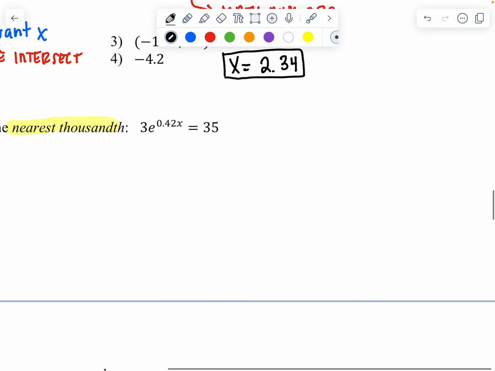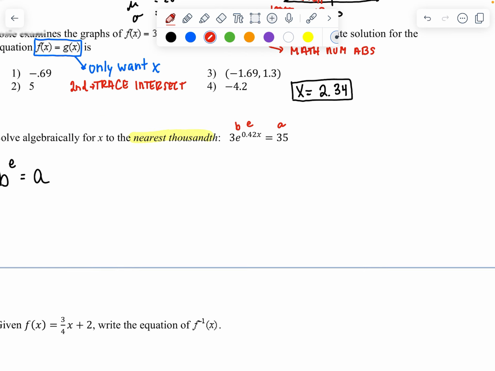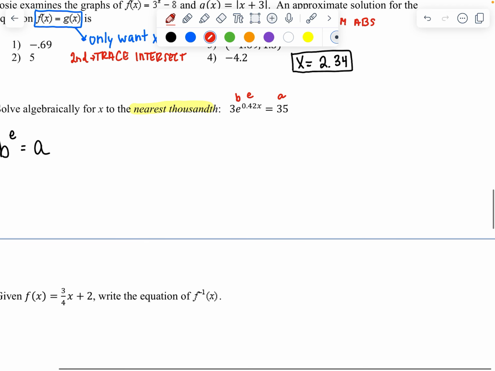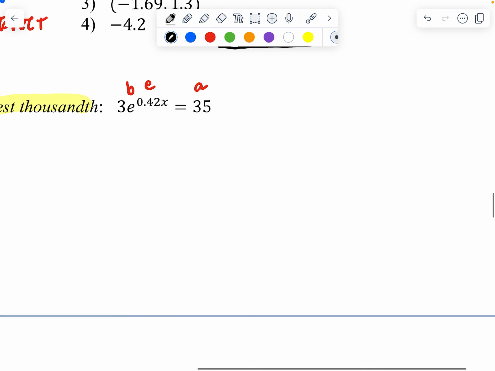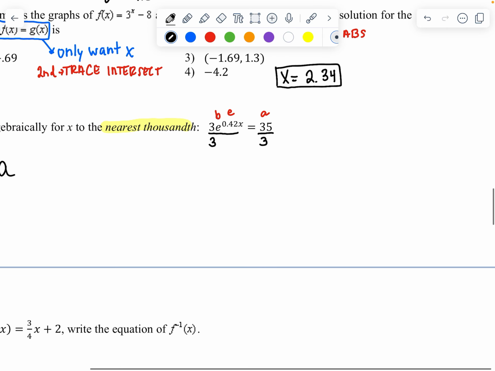So your base is e. It's holding up the exponent, and your answer is 35. So the problem with this is that the 3 is doing absolutely nothing. And it's not the base because it's not technically attached to the e. So what we have to do is move it over to the opposite side.